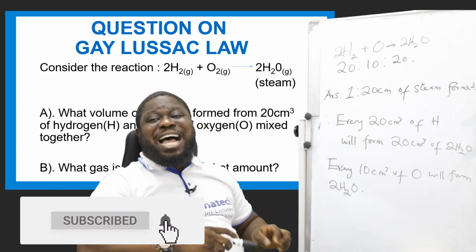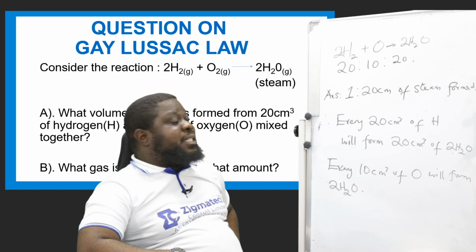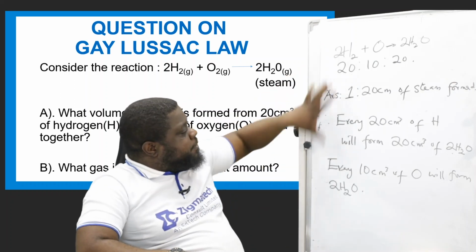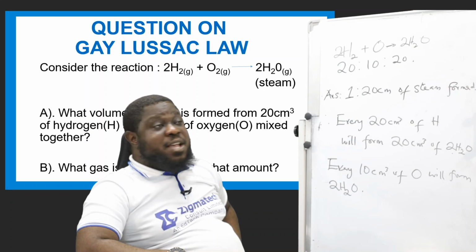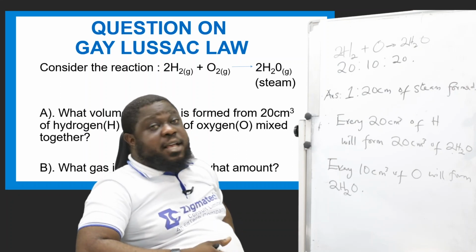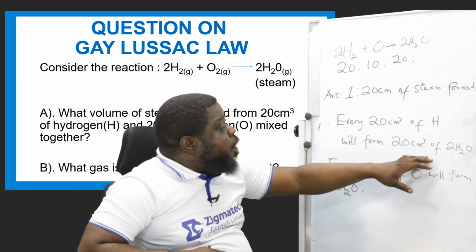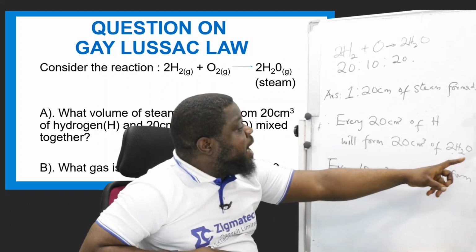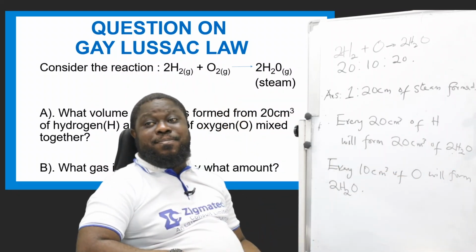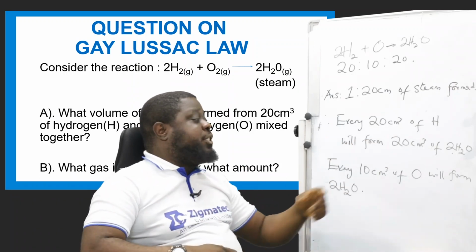Now they said what gas is in excess and by what amount? If you check, you know the gas that is already in excess. Because 20 centimeter cube of hydrogen will form 20 centimeter cube of steam. In essence, the one that is in excess is the oxygen.